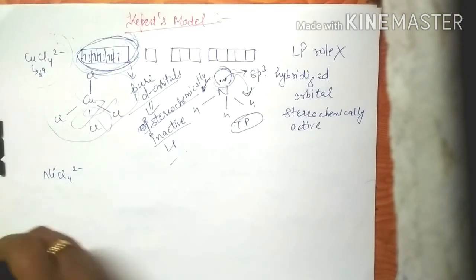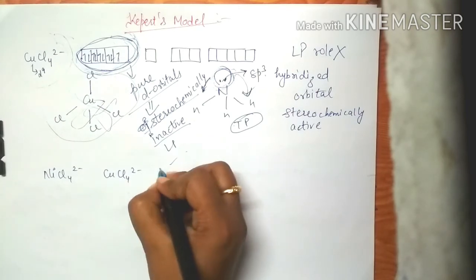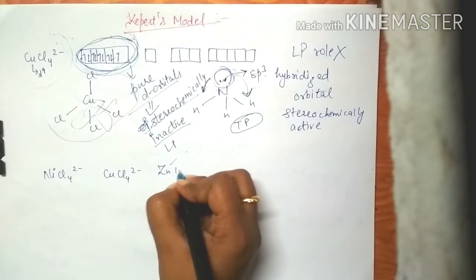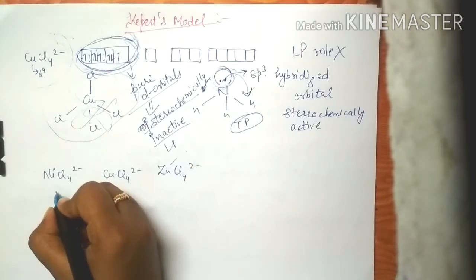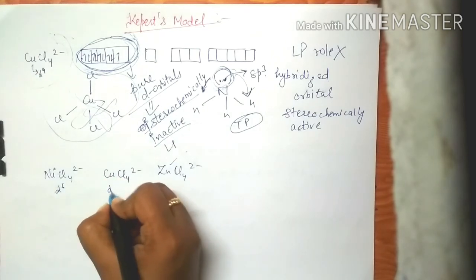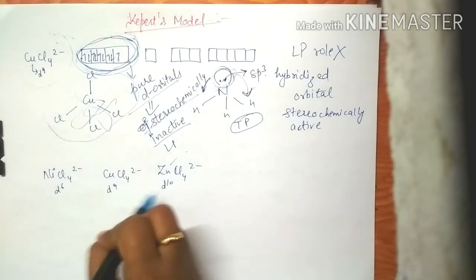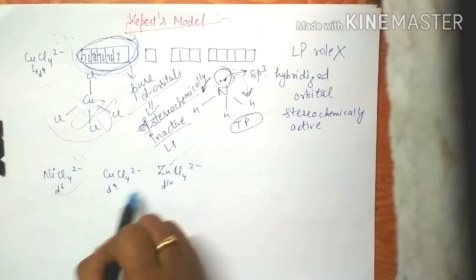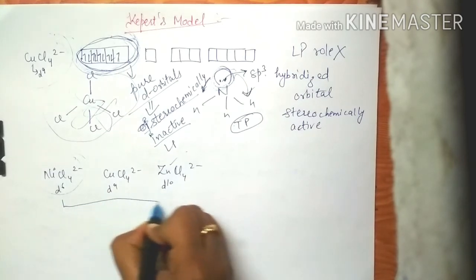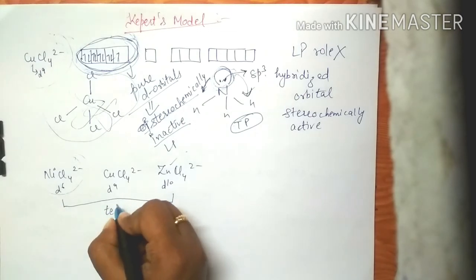Okay, so based on that model we can say if we have NiCl4 2 negative, CuCl4 2 negative, or ZnCl4 2 negative, having d8, d9 and d10 electrons in the d orbitals, irrespective of the number of electrons in the d orbitals and the number of lone pairs present on the central metal atom in these complexes, all these three complexes are going to have perfect tetrahedral geometry.